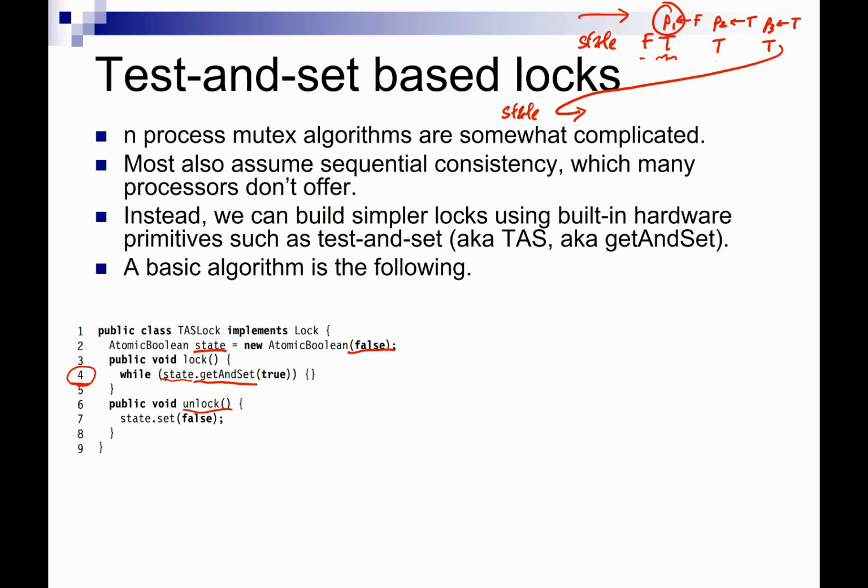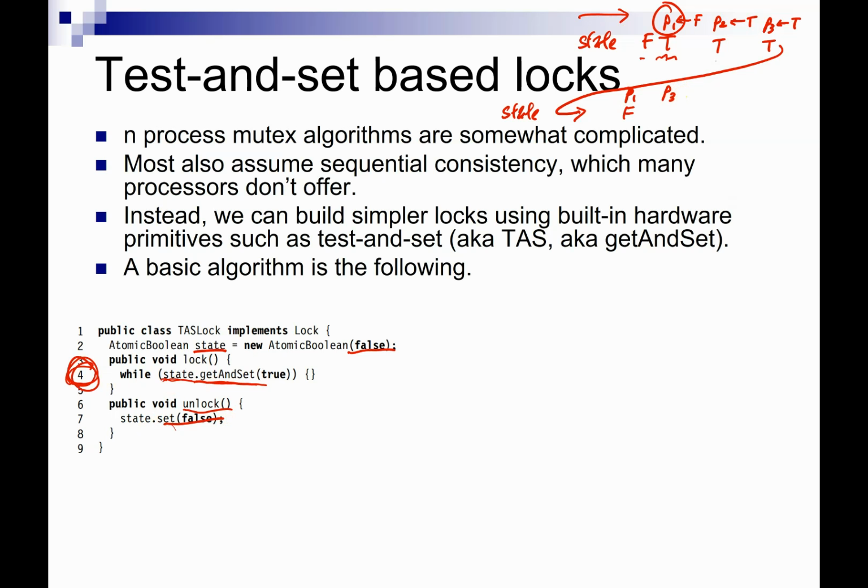Now after P1 finishes, he's going to do an action: he's going to set state to be false. P2 and P3 are still stuck at line 4 over here. However, as soon as P1 sets state to be false, the next time they do this operation, one of them will see it. Let's say P3 takes the next step.